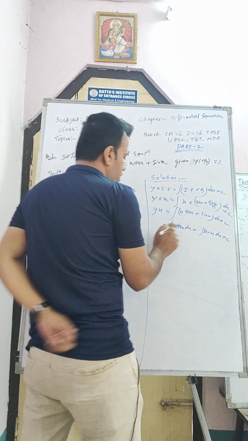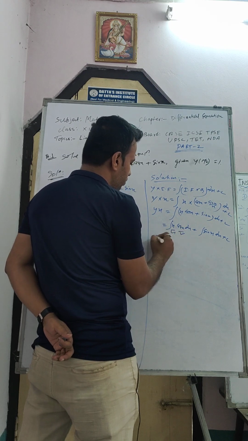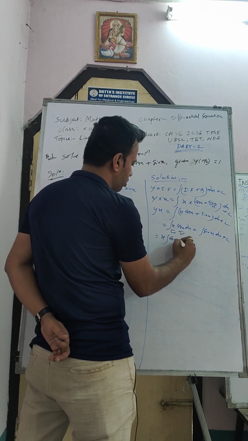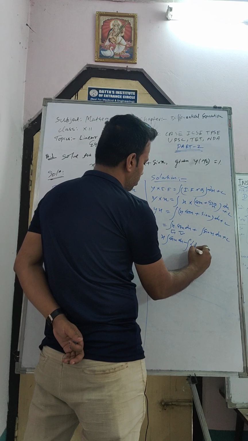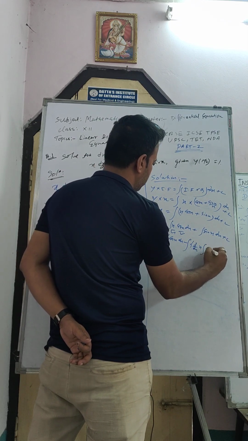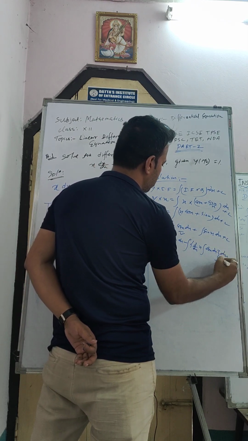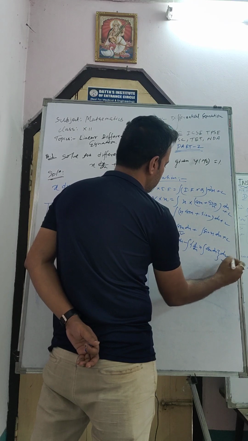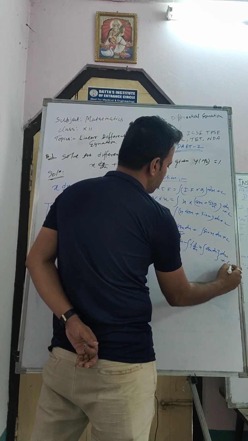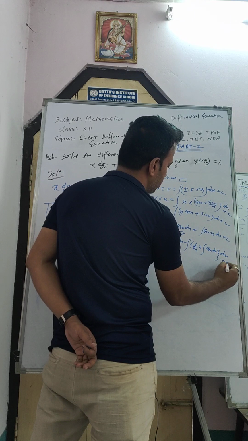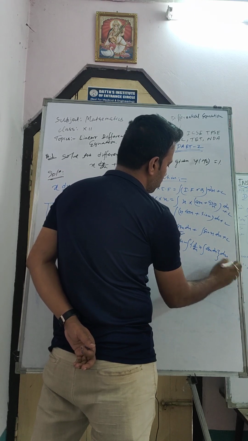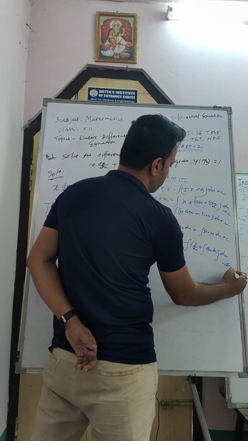Now it is in u into v form, so x times the integral of cos x dx, minus the integral of the derivative of x times the integral of cos x dx, plus the integral of sin x, which is minus cos x, plus c.